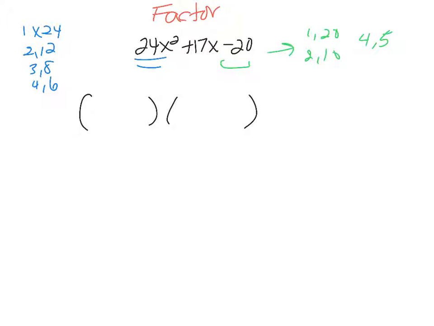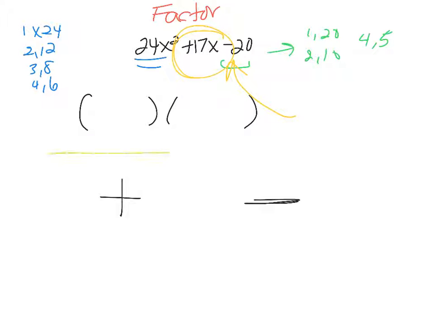So what we're going to do is we're just going to try to find somehow, we're going to use some number patterns to get numbers that add up to 17. And what we have to remember is we got to pick a factor pair here, and these numbers will be multiplied by the factor pair here, and then we'll combine to somehow give us a positive 17. Now, since this is a negative number, we know that one of those groups is going to be positive, and one of those groups is going to be negative.